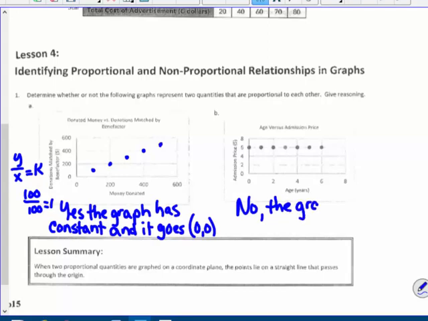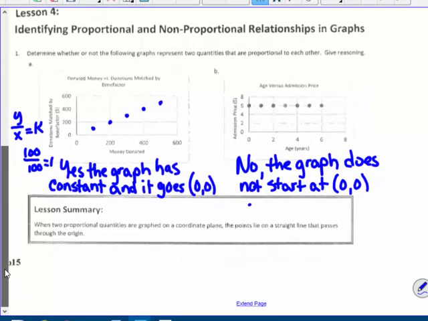So it is not proportional. The graph does not start at 0, 0. And I can see that they're explaining this to me in this box down below here. The graph does not start at the origin, which is called 0, 0.